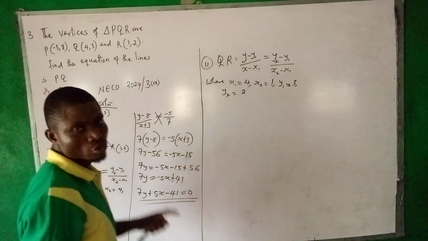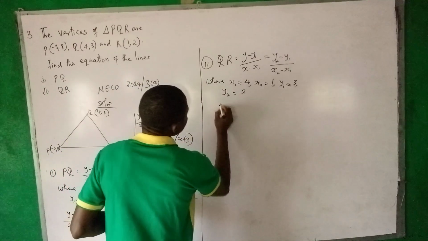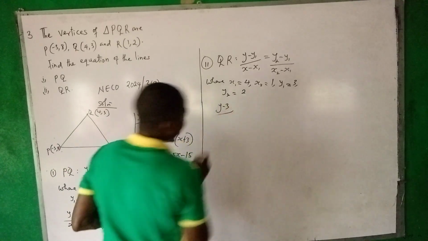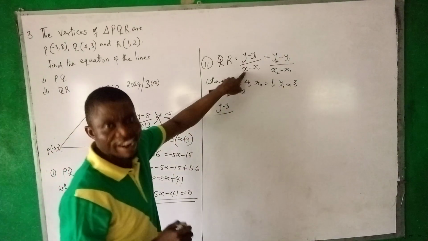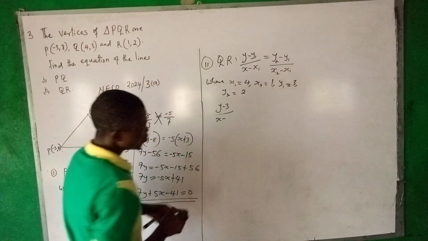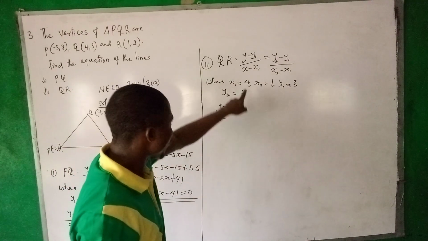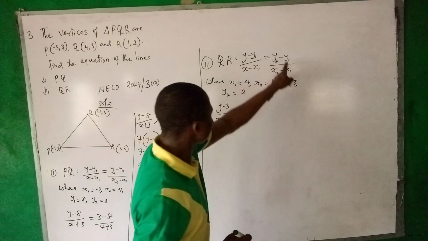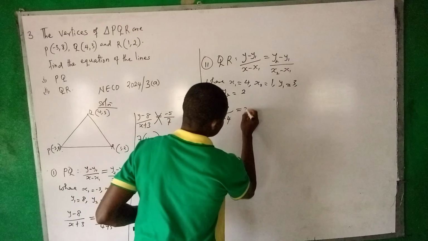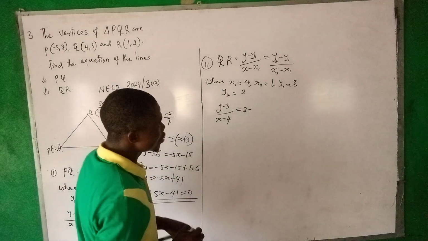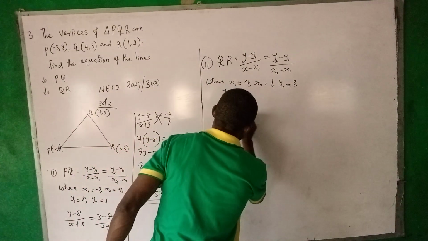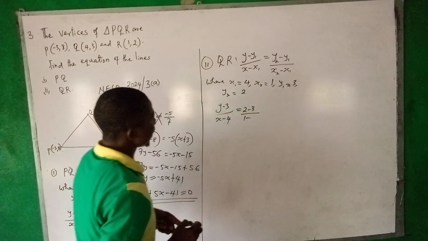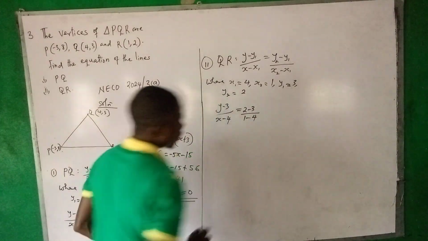At this point, we're going to substitute. So y minus y1, which is 3, all over x minus x1, x1 is 4, equal to y2, which is 2, minus y1, which is 3, upon x2, which is 1, minus x1, which is 4.